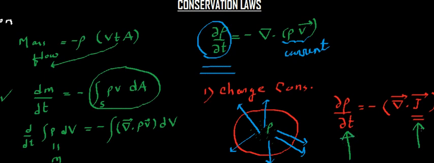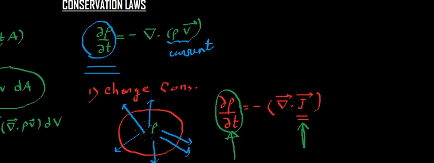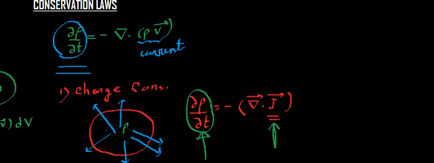In this case, current means charge flow. So inside the sphere there is a decrease in charge with respect to time, or you can say a decrease in charge density. This is your charge conservation.